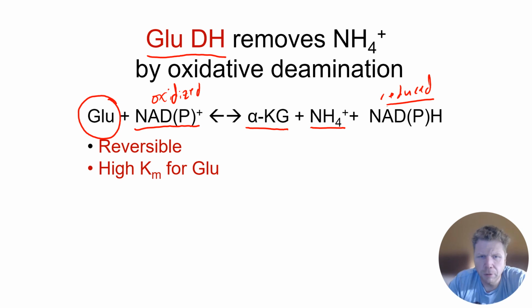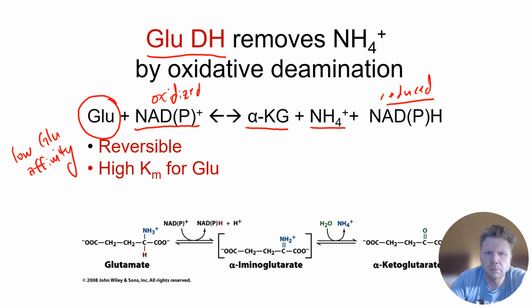And this enzyme, glutamate dehydrogenase, has a high Km for glutamate. So this is a low GLU affinity. Now, our process looks a little bit like this.